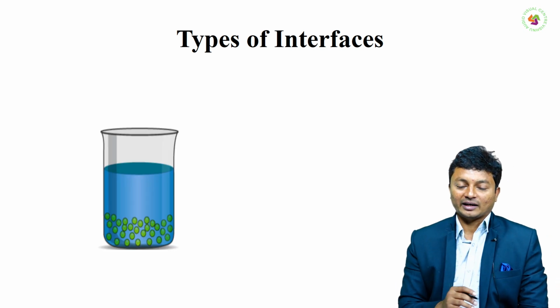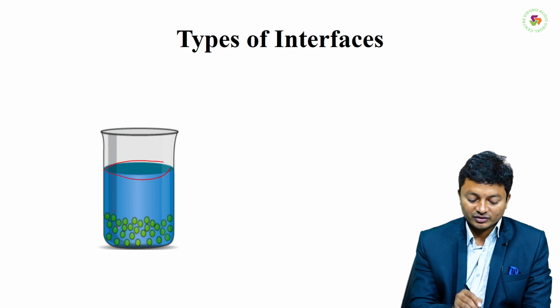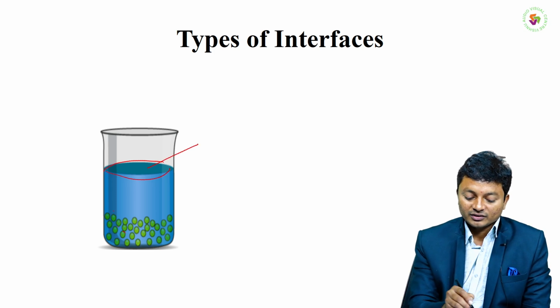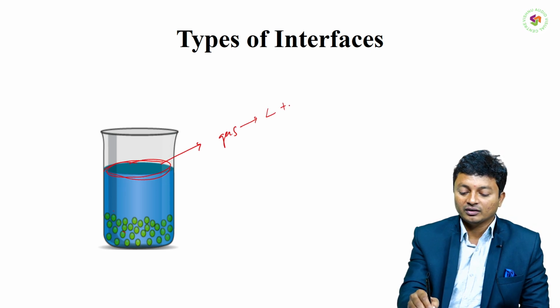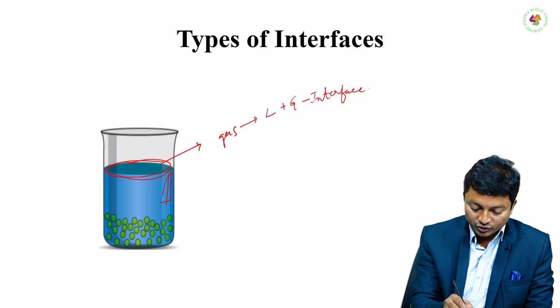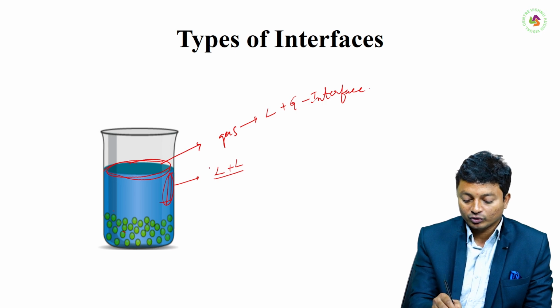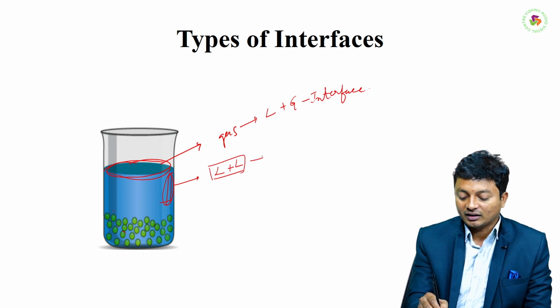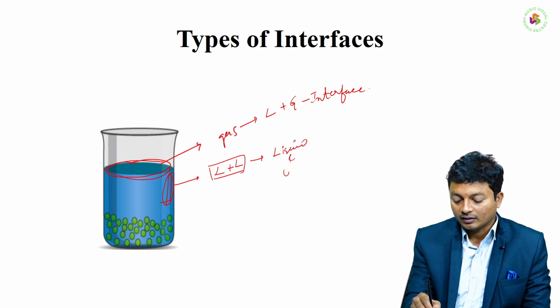To understand these types of interface, we can consider a liquid in a beaker with some solid particles. This liquid is directly exposed to gas, so this is a liquid-gas interface. Now let us consider this portion. It connects only liquid with liquid, both molecules being in liquid form, so it is known as a liquid and liquid interface.